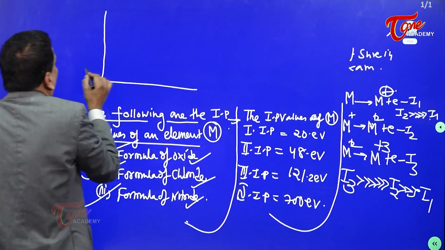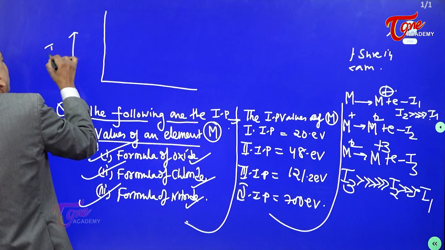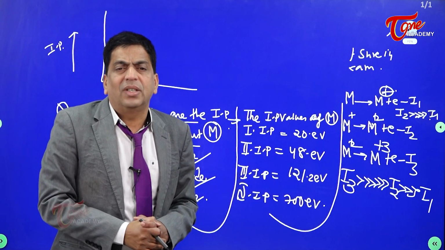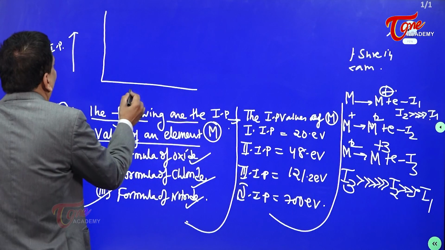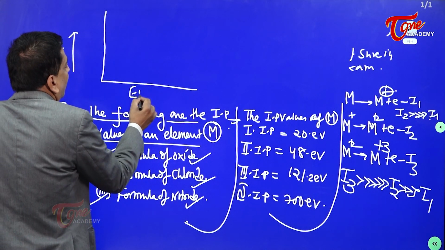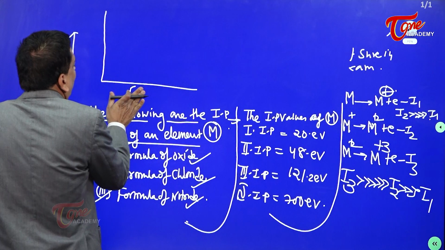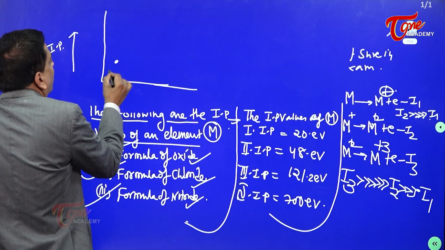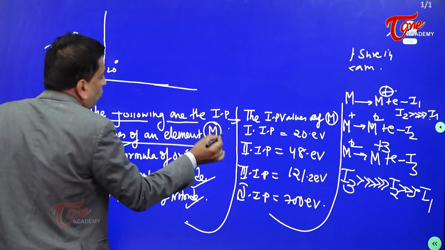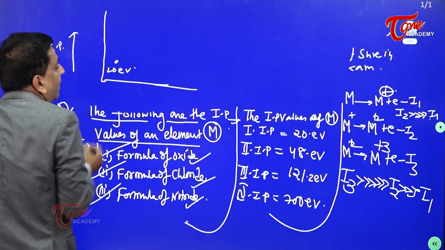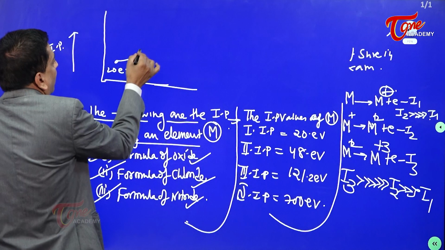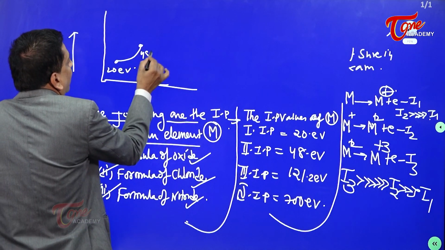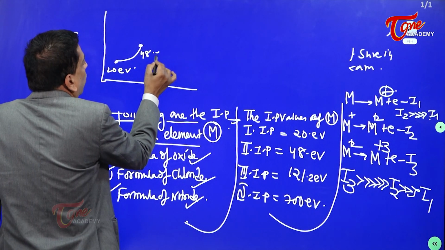If I plot the ionization potential values on the y-axis, then look into this. This is IP values versus energy. This is the element, 20 electron volts. And then it increased to 48.2 electron volts.